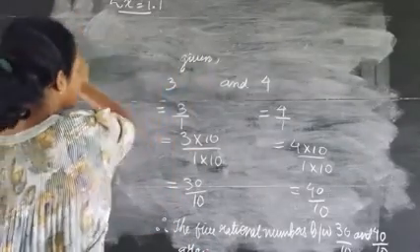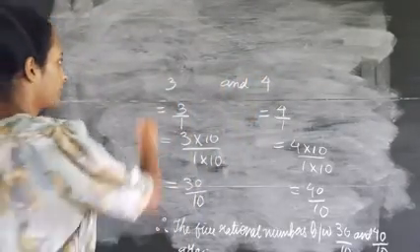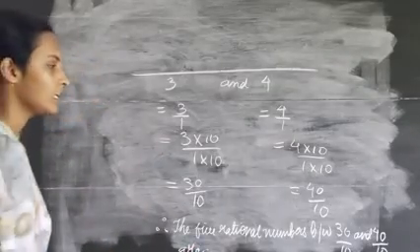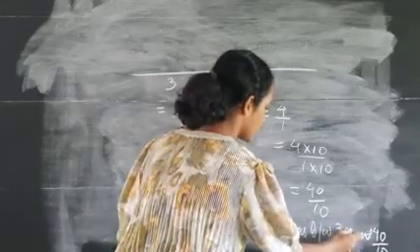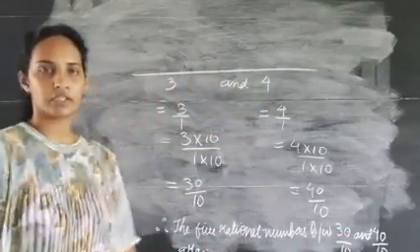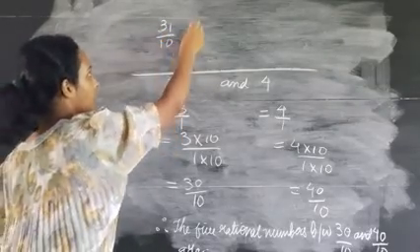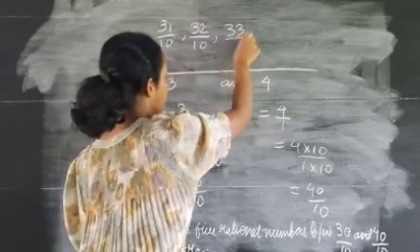Let's see. What are the 5 rational numbers between 30 by 10 and 40 by 10? So 30 and 40. What is the next number after 30? 31 by 10. Am I right? Yes. 32 by 10. Yes. 33 by 10.